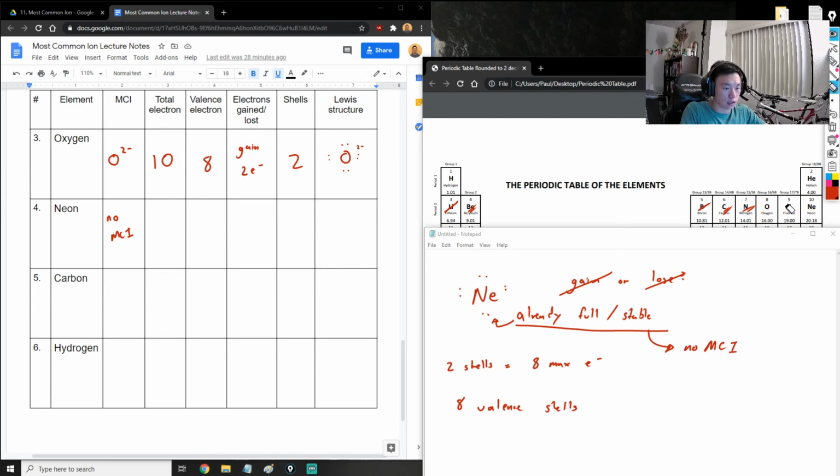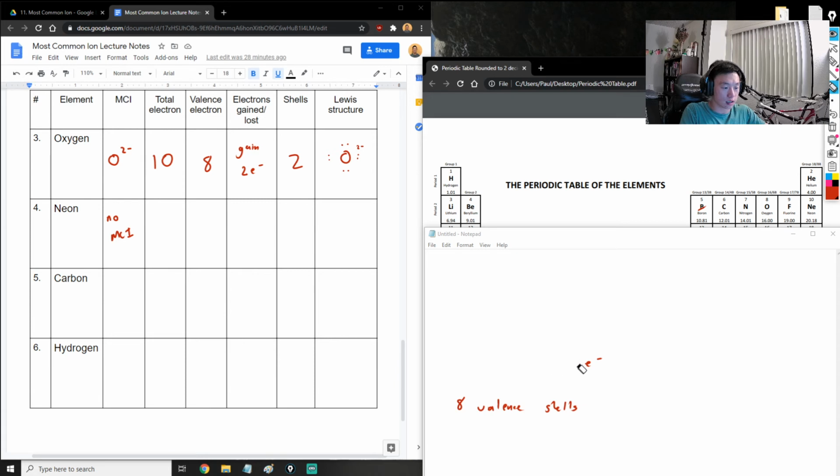So if we take a look at neon, how many electrons is it going to have? Well, if you look at the number for neon on top, it's 10. And if there's no MCI, that means it's not going to want to gain or lose. That means it's going to want to stay the way it is. That means that neon is going to have 10 total electrons.